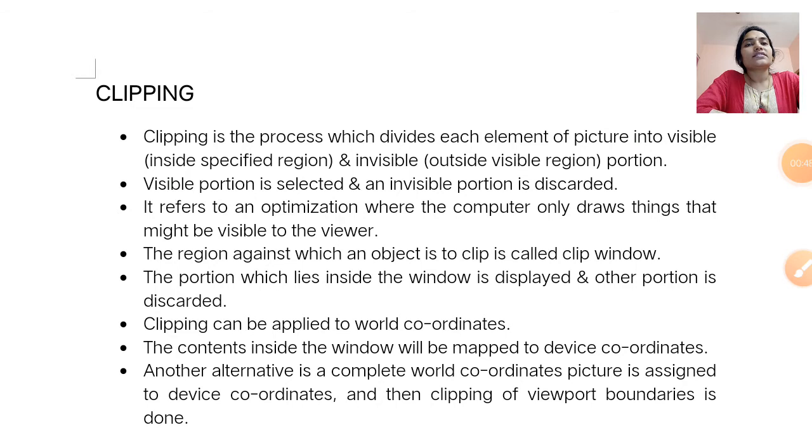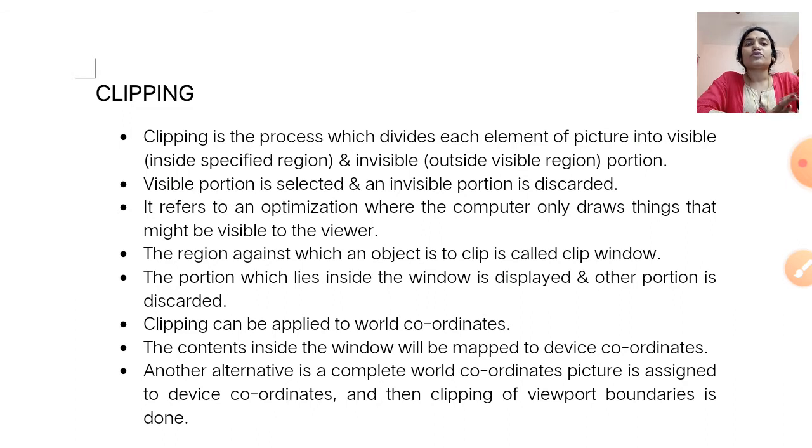Clipping is the process which divides each element of the picture into visible, which is inside the specified region, and invisible, which is outside the visible region.